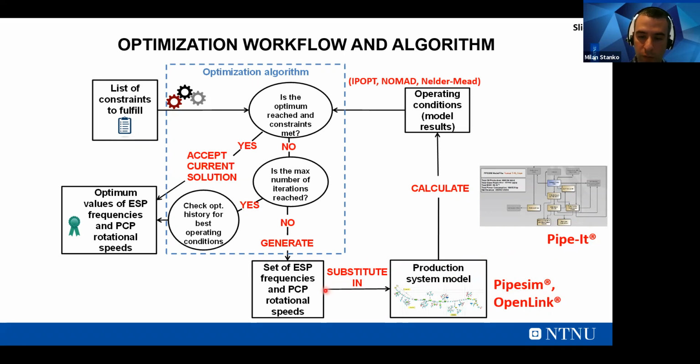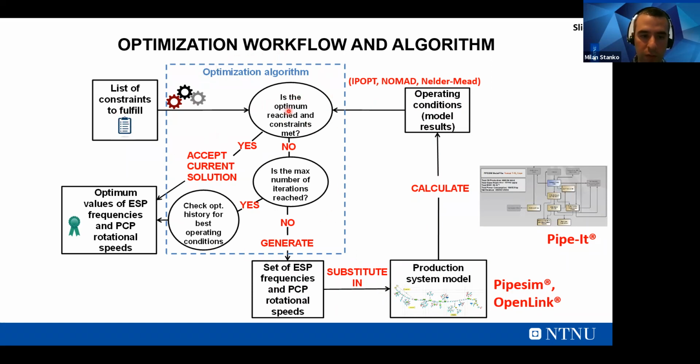For example, we substitute conditions, frequencies, and we also have ESPs and PCPs, then we calculate a new condition, and then we move there and check. So this is like the optimization engine.